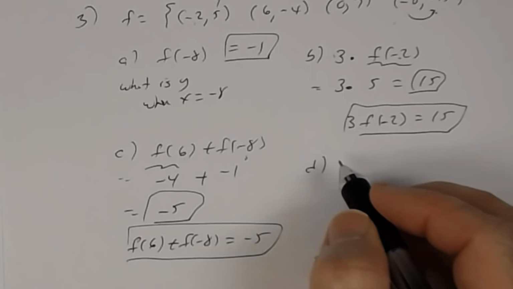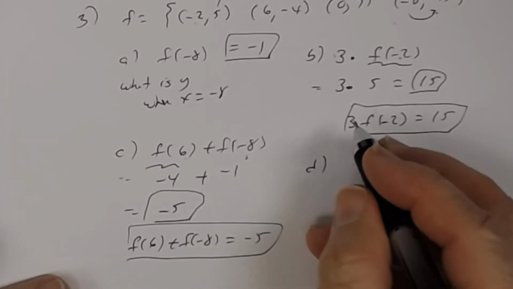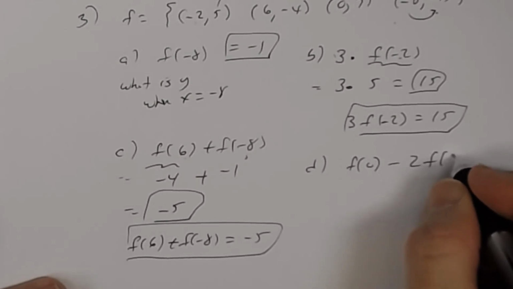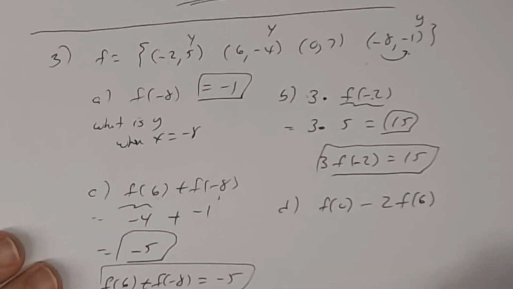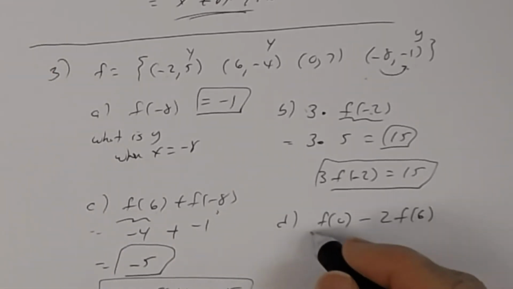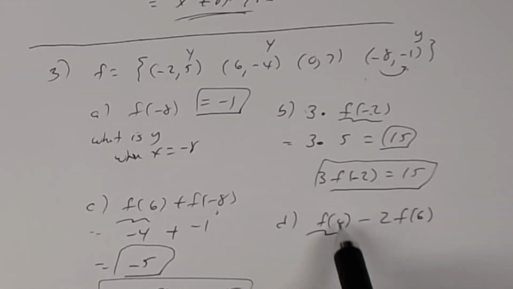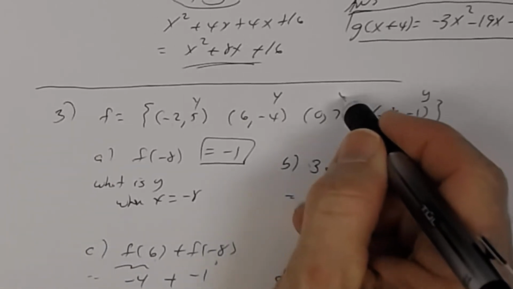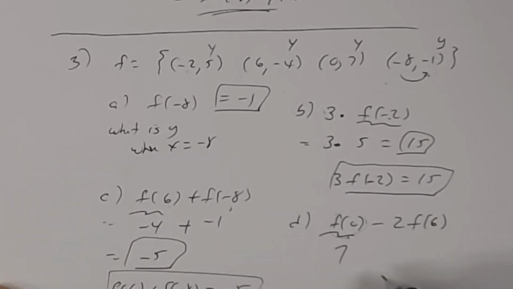Letter D. In letter D, you want to find f of 0 minus 2 times f of 6. First of all, f of 0, let's find that. f of 0 means what's the y value when x is 0? Well, that's here. So my y value is 7. So that's 7 minus 2 times, now we've got to find f of 6.